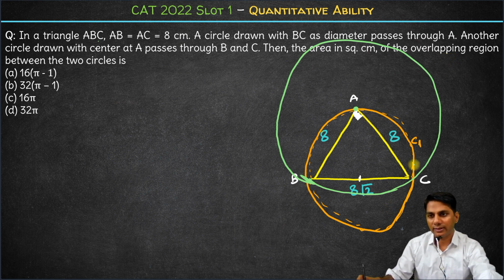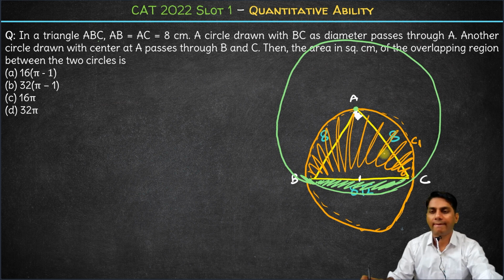So if this is the first circle and this is another circle, the overlapping region will be, first is this part and the other overlapping part is this part, this whole part. So the orange region plus the green region is the common region between the two circles. So we have to figure out the area of this whole thing.